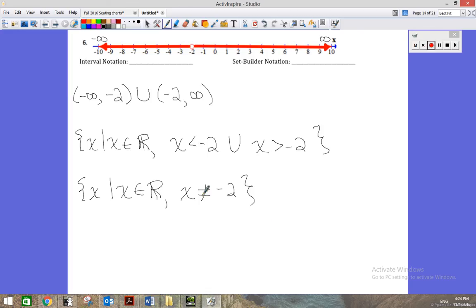So sometimes students prefer that. So all three of these are notations that describe the same set of numbers. These last two are set builder, and in set builder, both of those are acceptable notation to describe this set of numbers.